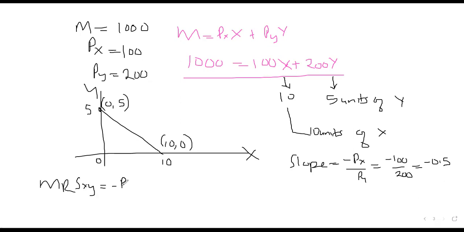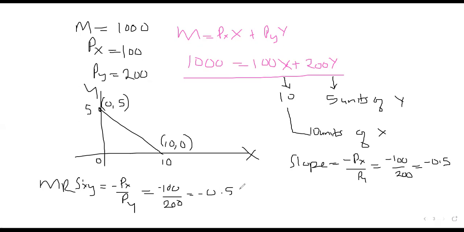We are simply dividing the price of x, which is negative 100, over 200, which is negative 0.5. So this means that for every 1 unit of x, you substitute for 0.5 units of y.